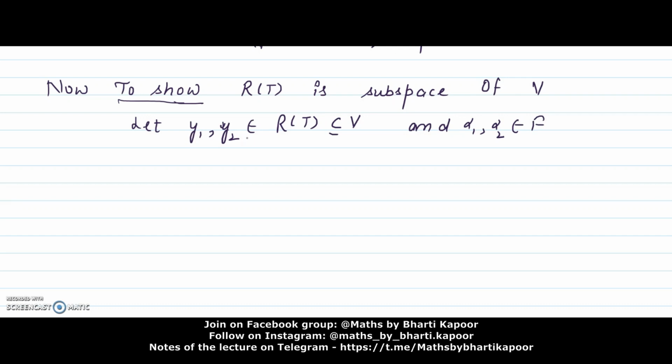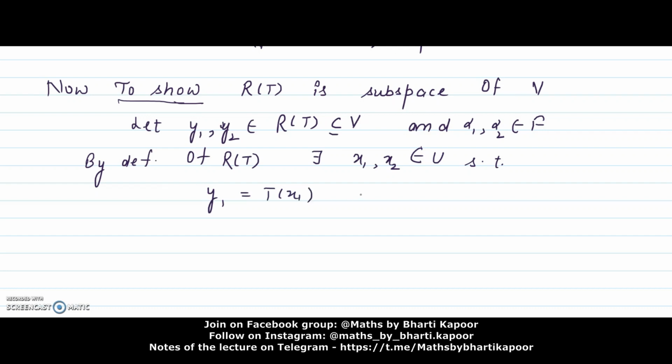Because y1 and y2 are elements of RT, therefore by definition of RT, there exist x1 and x2 in U such that y1 will be T image of some x1 and y2 will be T image of some other element, and let that element be x2.